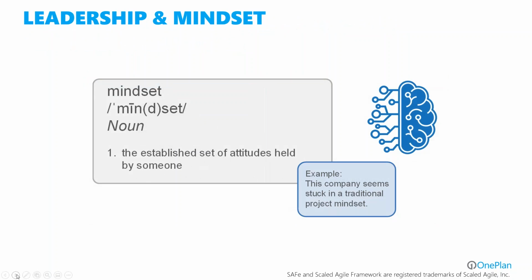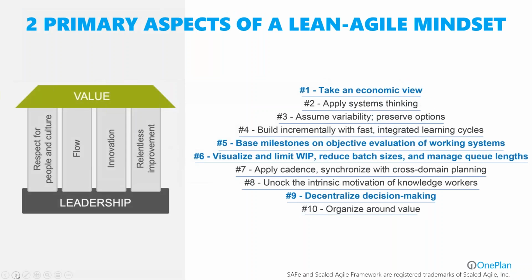Leadership and mindset. What is mindset? A set of attitudes held by someone. This is going to be critical in the path to business agility. There's again a list of different things that make up the mindset, the culture of lean portfolio management and SAFe.